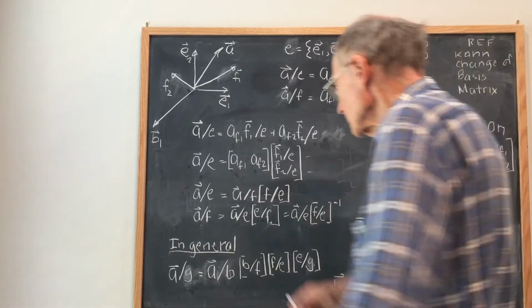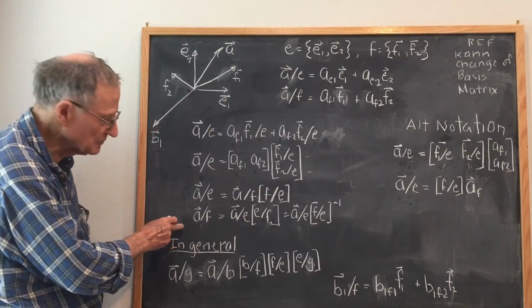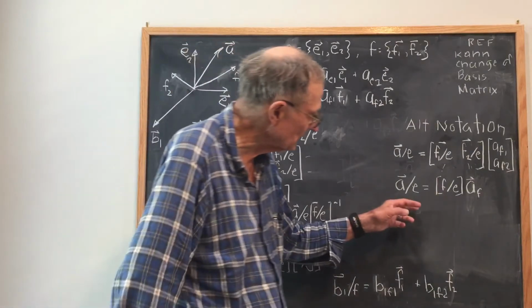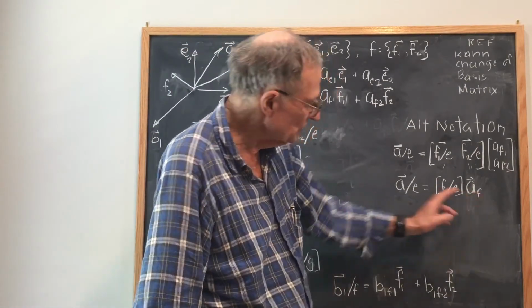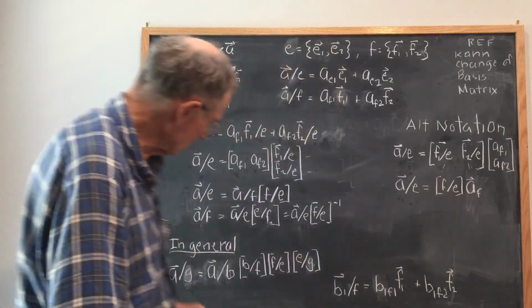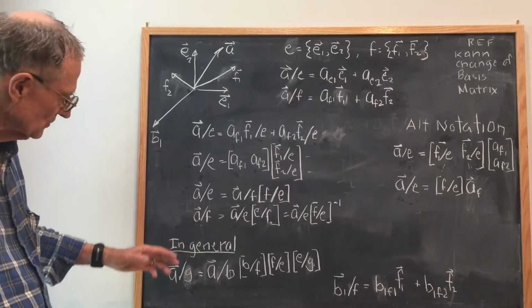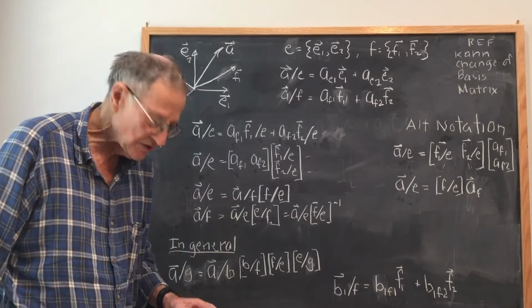However, this is much easier to read and keep track of things, because this says A with respect to E is A with respect to F times F with respect to E. You have to read it backwards. The beauty of this system can be seen when you go to a general change of basis.